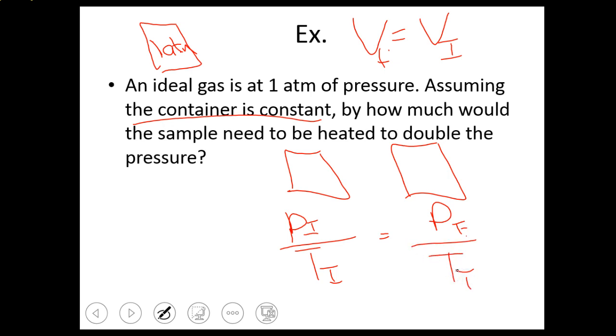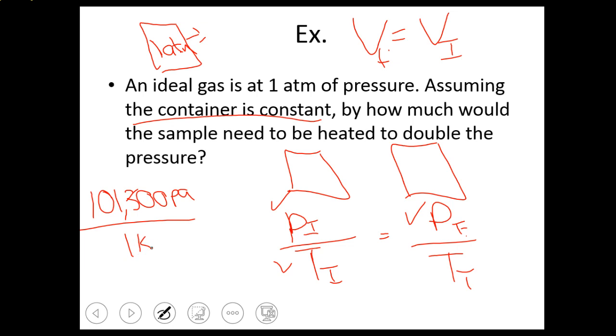And I know that I've got to double the pressure at the end. So I'm going to take 1 atmosphere and convert it to our SI unit, which is pascals. And so for this initial situation, I'll say I'm at 101,300 pascals. And we can say we're at an initial temperature of, I don't know, 1 Kelvin.